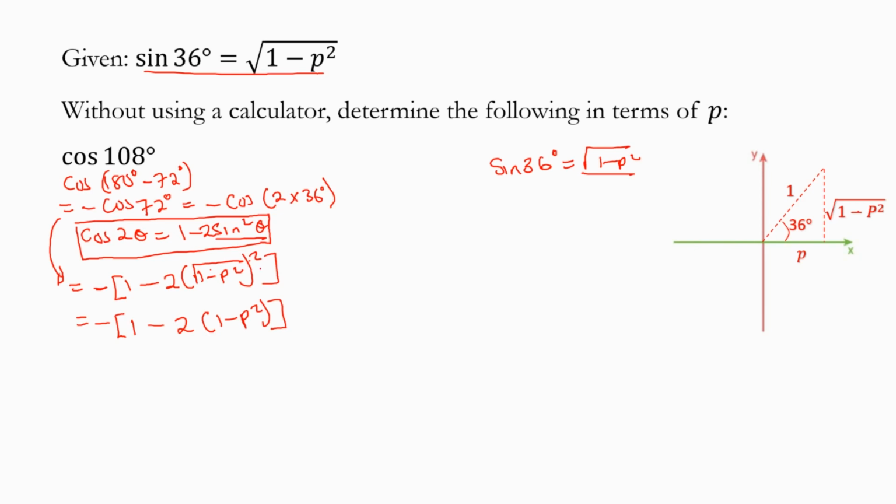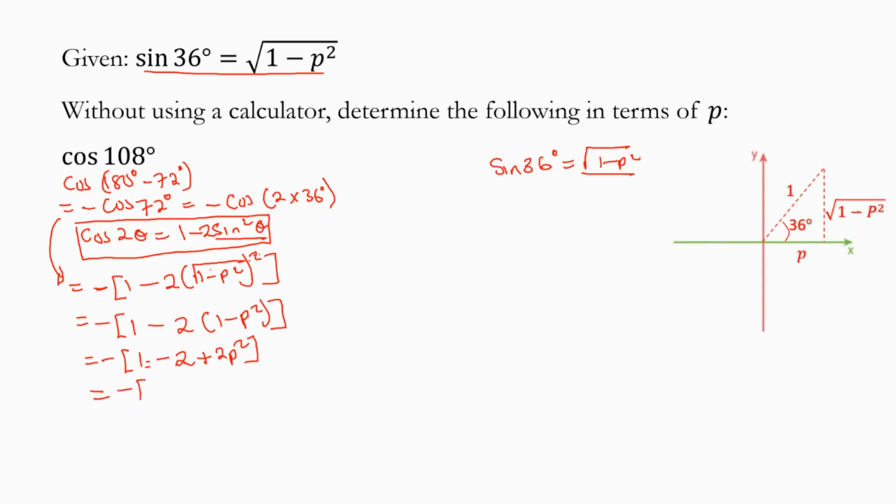Let's remove the inner bracket: negative, 1 minus 2 plus 2p squared. What is 1 minus 2? It's negative 1.